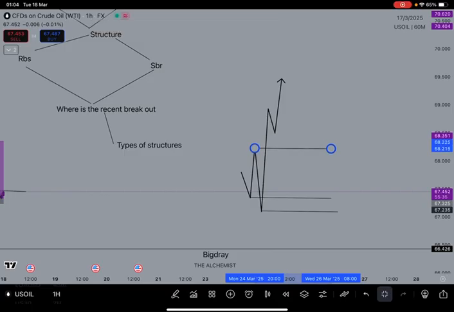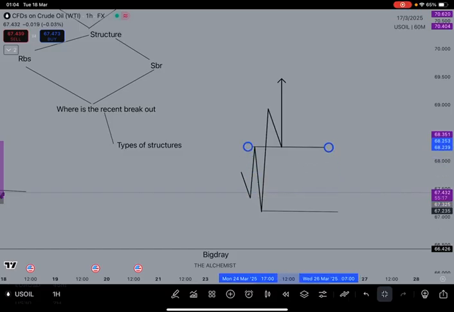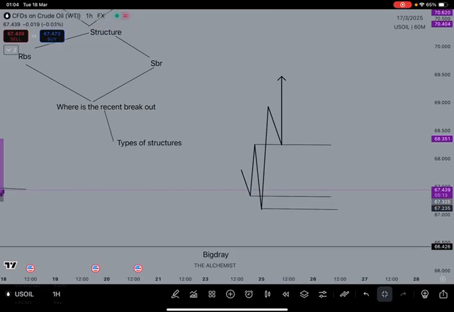But the market has already mitigated the RBS, which means it's not tradable anymore. We look for the next support. This support is already triggered, but this is still fresh. So you mark here as your liquidity, and you take your entry from the next support, the closest support to the liquidity.